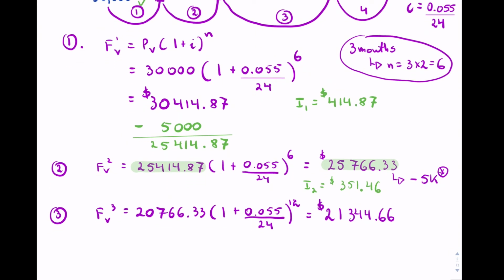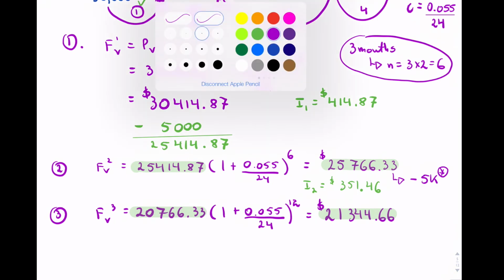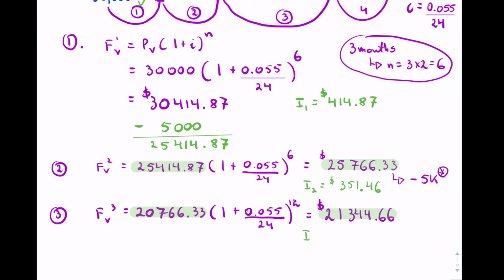So it has grown, and if we want the interest between them, we can subtract these and we'll get our interest. So this will be interest number 3.